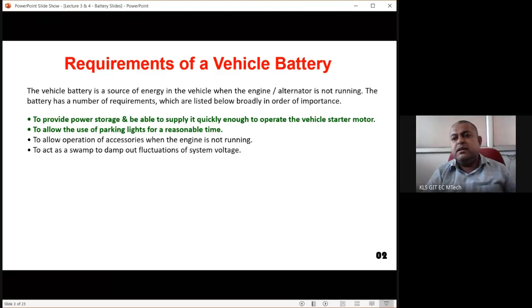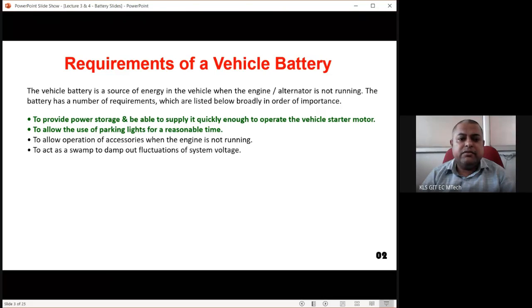There might be the engine running, the alternator running, all those things. So sometimes there might be some fluctuations in the energy. Sometimes there will be a sudden requirement of energy, and at that time the vehicle can access all those sudden energies from the battery.